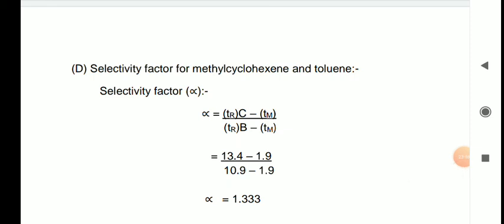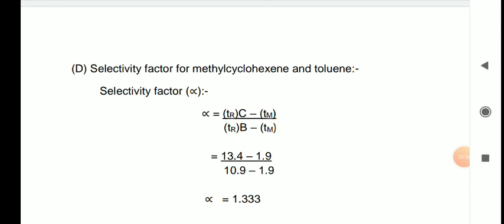So in this way we have seen the numericals of chromatography. The formulas required are the retention factor formula, the formula for distribution constant, the formula relating distribution constant and retention factor.